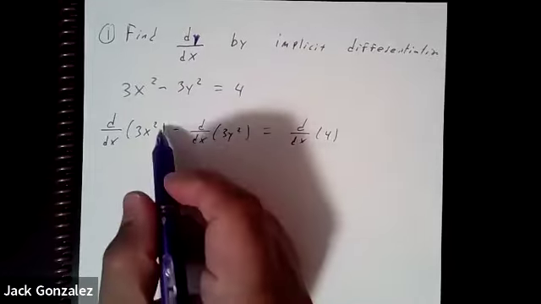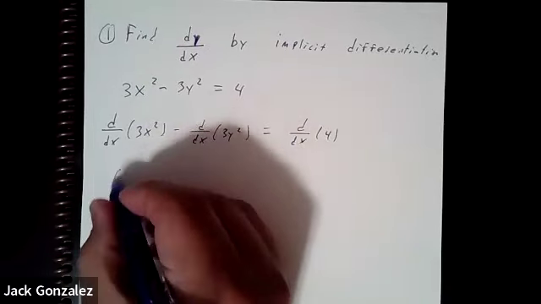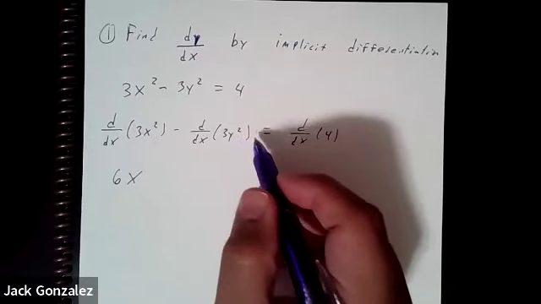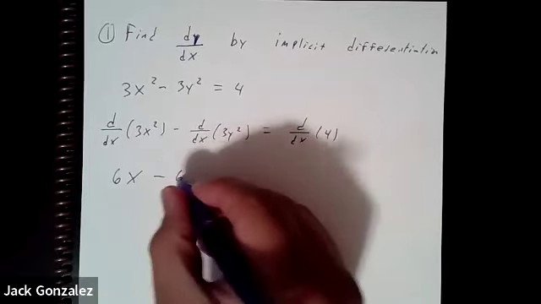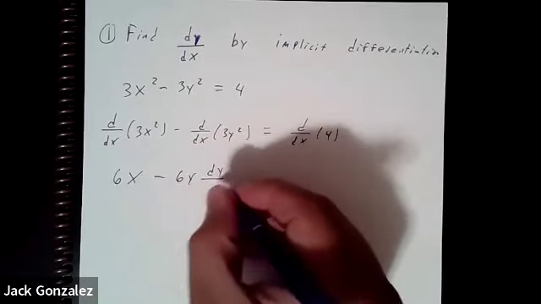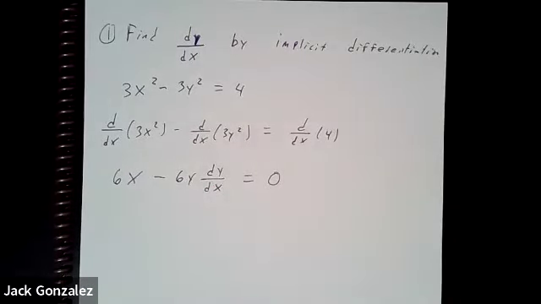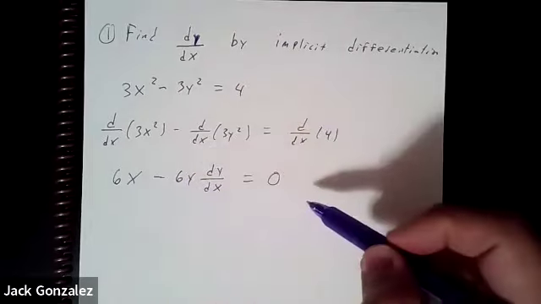Okay, so it's just a basic power rule, right? Since they match, it's just 6x. This guy will also be, sorry, 6y. This would be 0.